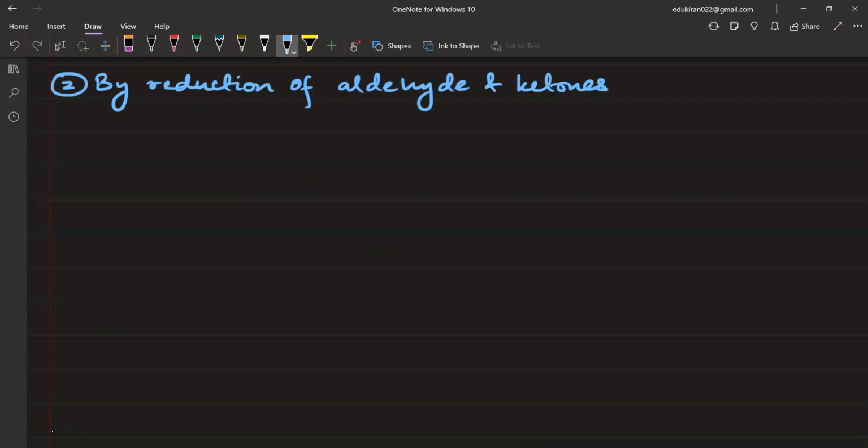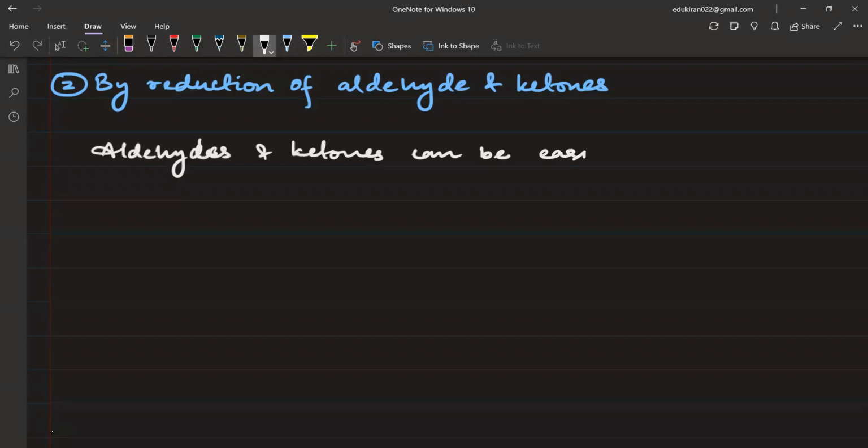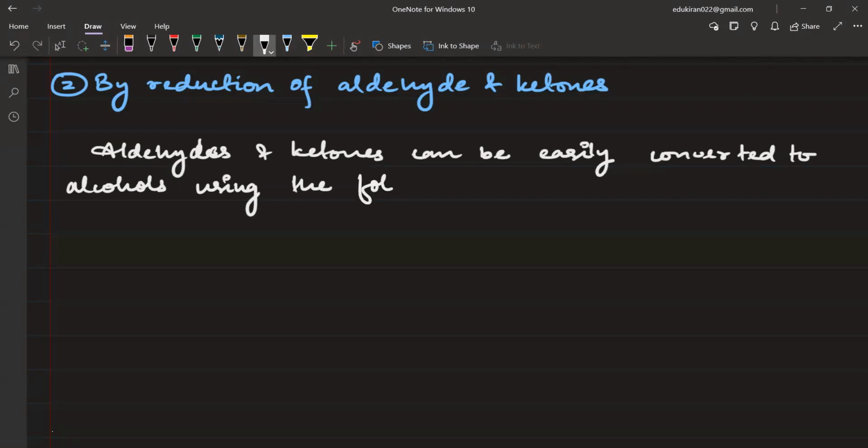Reduction of aldehyde and ketones. Please write with me. Aldehydes and ketones can be easily converted to alcohols using the following reducing agents.